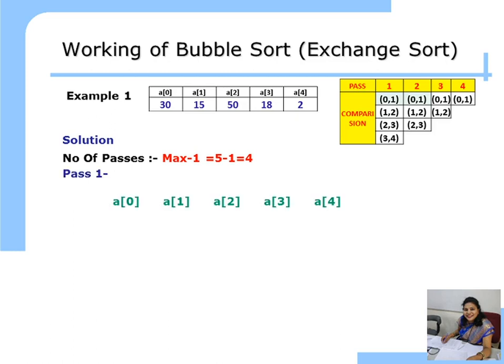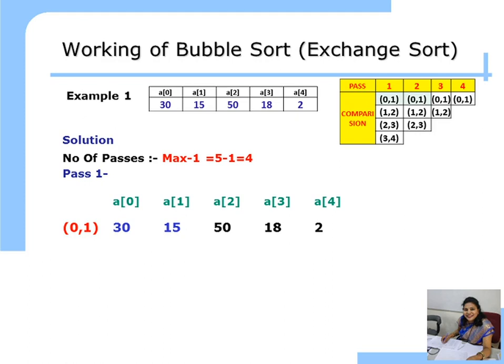Now see, this is our array with index positions 0, 1, 2, 3, 4, and these are our elements: 30, 15, 50, 18 and 2. We do the first comparison, between the 0th and first. What is present at the 0th location? It is 30. What is present at the first location? It is 15.